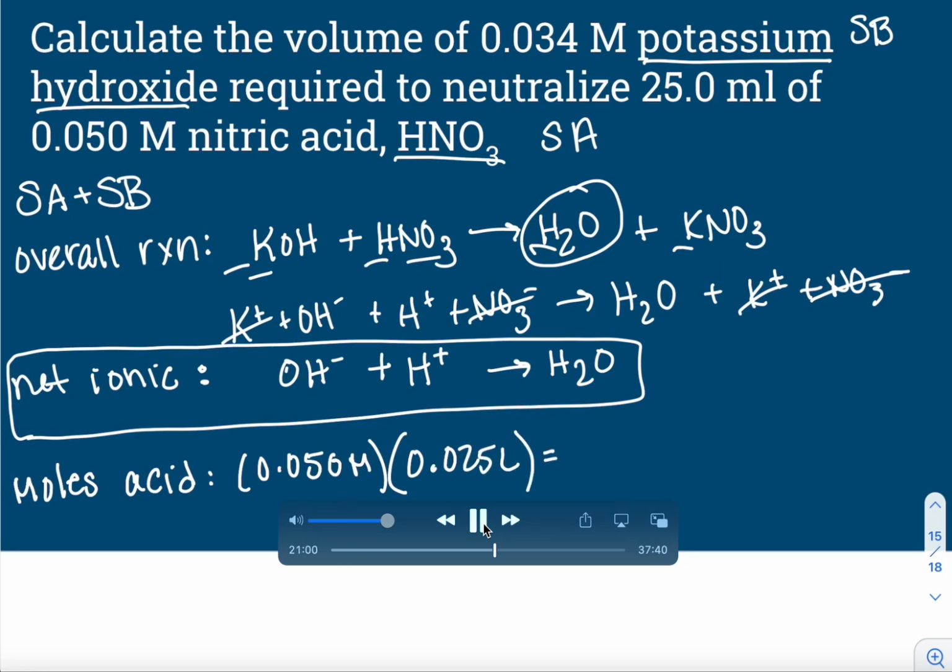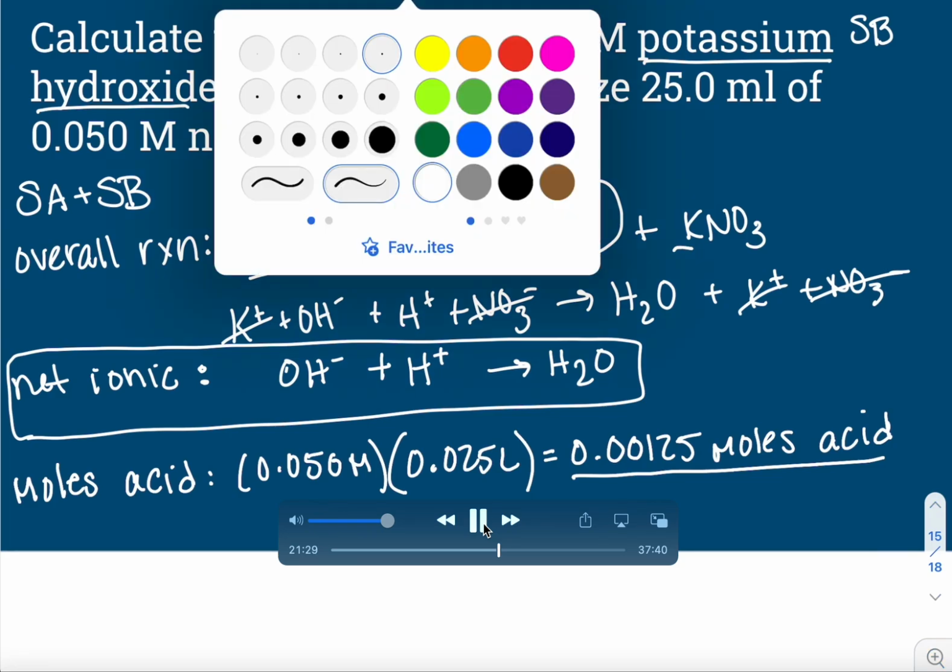And that will give us moles, which for this one, I'm just going to write acid, but you can write HNO3 if you want, or H+ if you're using the net ionic. So now we need to figure out how much OH- we would need to neutralize that, or how much potassium hydroxide we would need to neutralize that. Okay, so let's go through that.